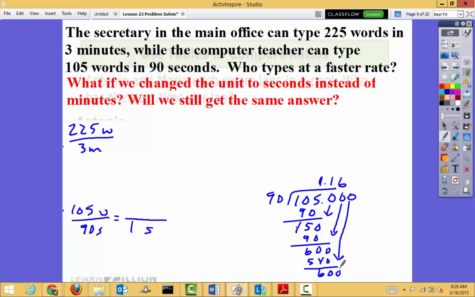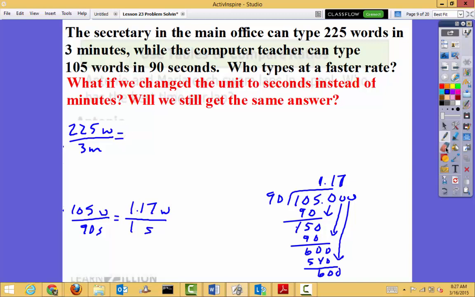And look, I have a repeating decimal. So I'm just going to put that line over, or I can round, either one. I think I'm going to round it though to 7. Remember, this was a 6 right here, so it would round that previous number 1 up. So your computer teacher types 1.17 words every second.